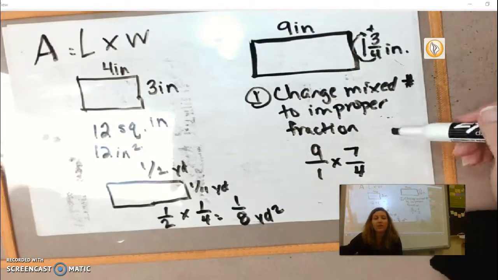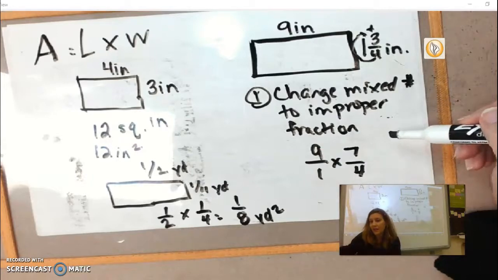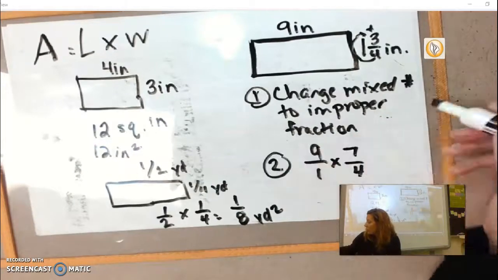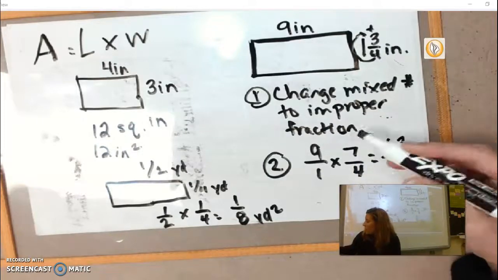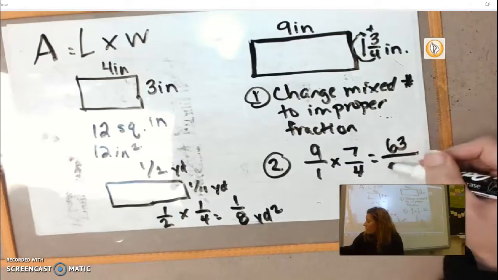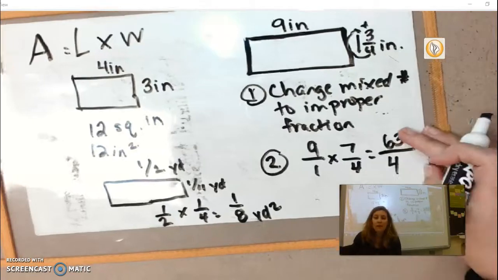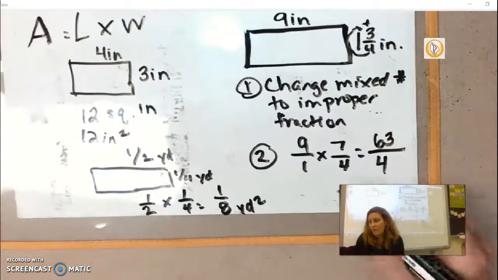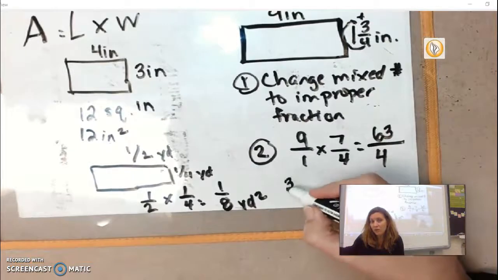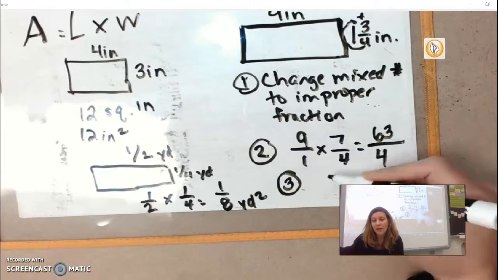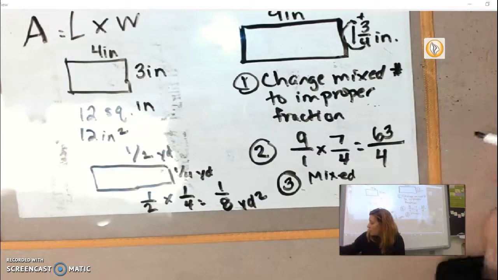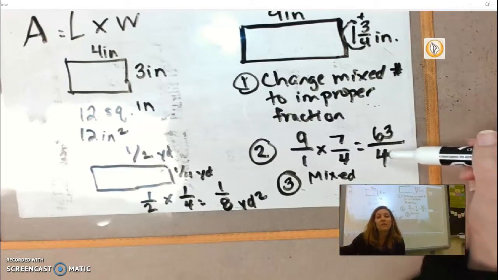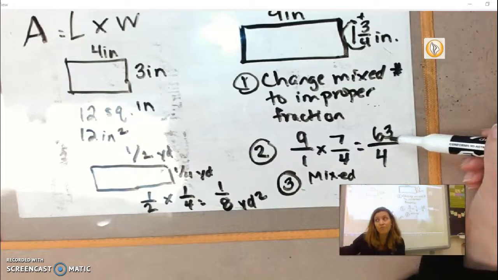Okay. Now that they're changed to improper fractions, your second step would be then to just multiply. So 9 times 7 would be 63, and 1 times 4 would be 4. Okay? And then your final step would be to change this back then to a proper fraction, or to a mixed number. And so we would think to ourselves, how many times does 4 go into 63?